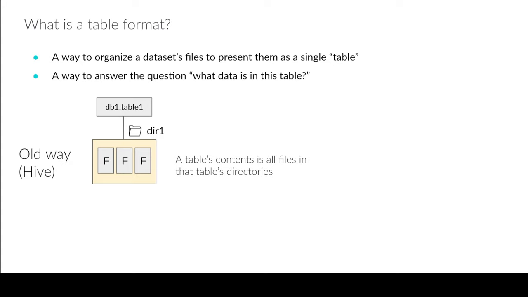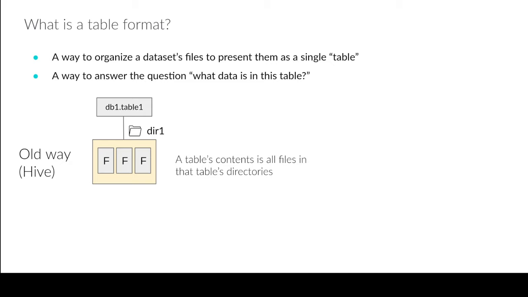The approach that Hive took was a directory-based approach, where it would say, hey, this directory of files on your Hadoop cluster is a table. And that works. Basically, we know that if a file is in this folder, it's a table. If I say I want to select all on table 1, it's going to look inside the table 1 folder, and any files in there are part of table 1.